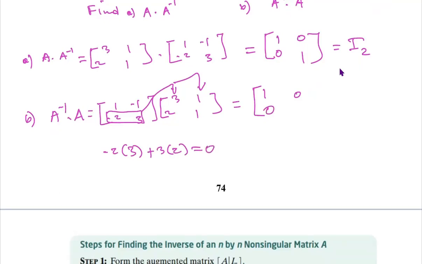Now let's work with the second row, second column. So negative 2 times 1 plus 3 times 1, that equals 1. Also I2. We expected that because we multiplied a matrix A by its inverse.